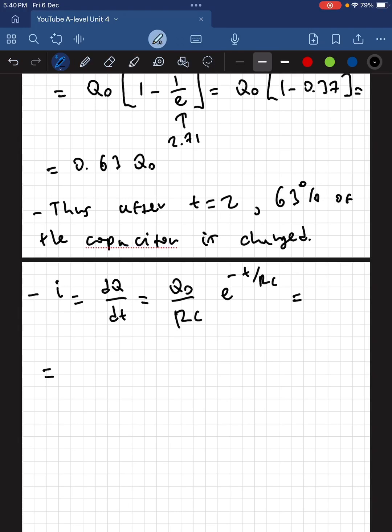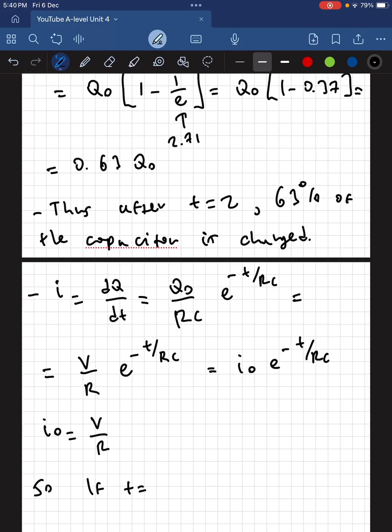But recall that q naught is CV. So C and C cancel, so we get V over R e to the minus t over RC. Okay, and we can call this I naught e to the minus t over RC. The RC, the time constant, is the same, and I naught is V over R.